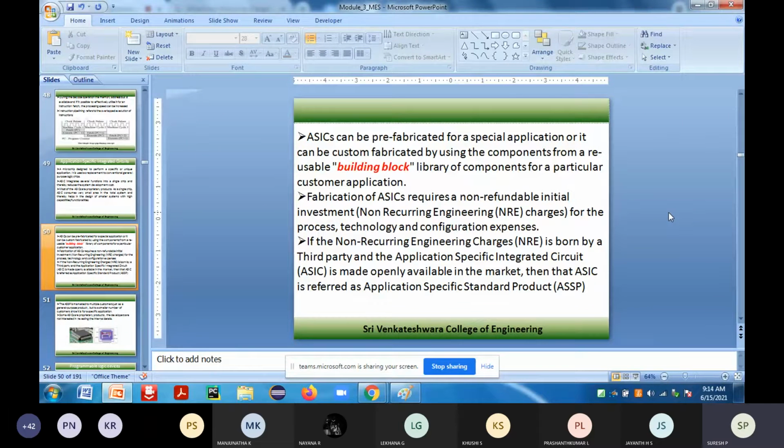If the non-recurring charges are incurred by the third party, then that particular type of application specific integrated circuit is called an application specific standard product.